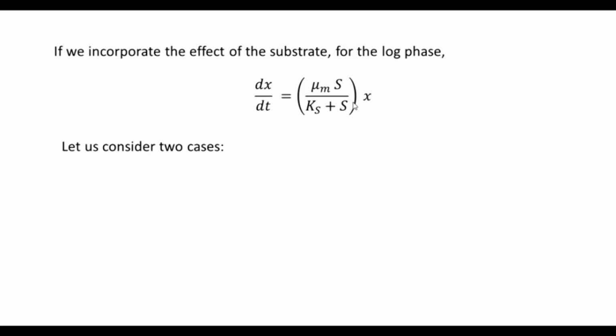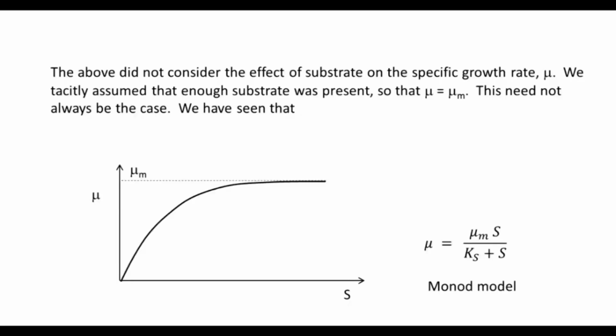Now let us consider two cases for ease of analysis. The first case is that the substrate concentration is much greater than the Ks value. Recall this, Ks is the substrate concentration at which we got half maximal growth rate.